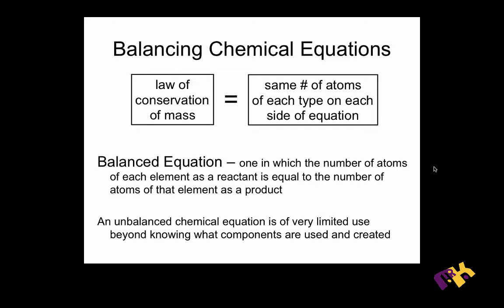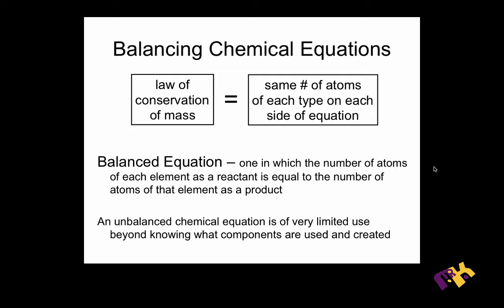If we don't balance them, then the equation really does nothing more than tell us what we're making from what reactants. That's about all you can do with it. It does not give you anything in terms of the relationship of quantity, being able to predict how much you have to how much you will make, or if you were to run a lab and measure something being produced, you could use the balanced chemical equation to backtrack to what you may have started with.